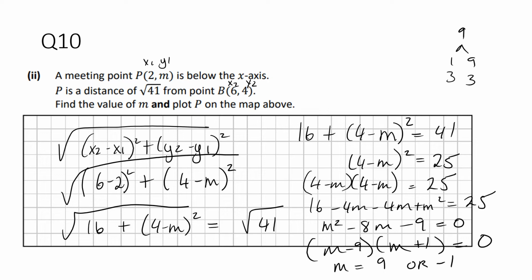So 9 is not on the diagram, because it's not on the y-axis, you're just going to use the minus 1. So minus 1 there is your answer, because 9 is not on the y-axis of the diagram.